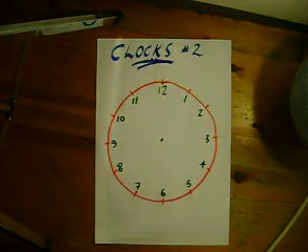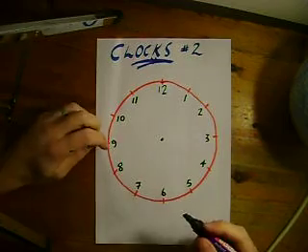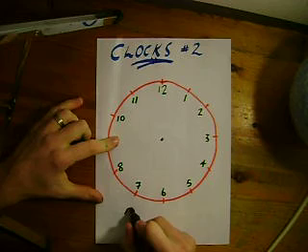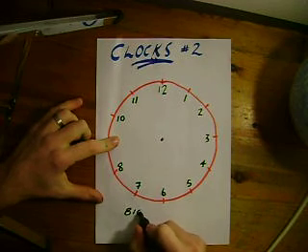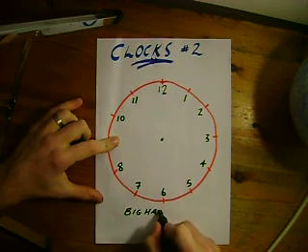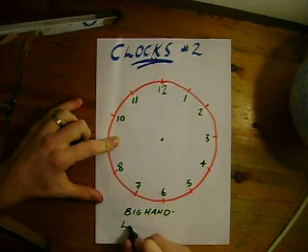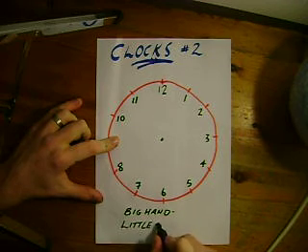Right. So remember from last week, last video, we had 2 hands, didn't we? We had the big hand, and what was the other one called? That's right, it was called the little hand.